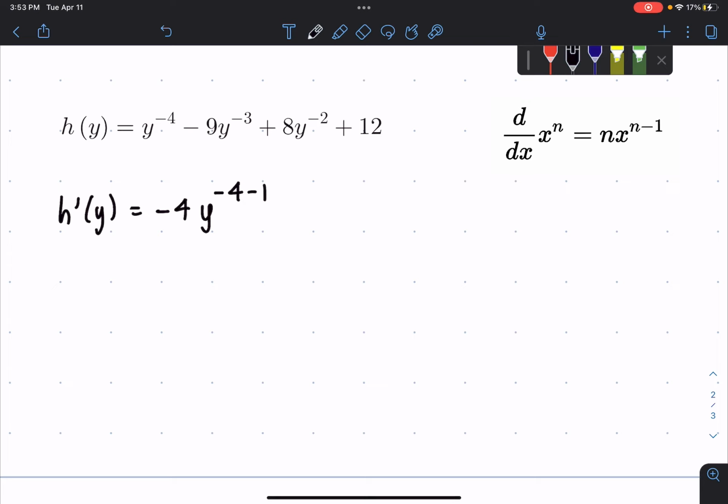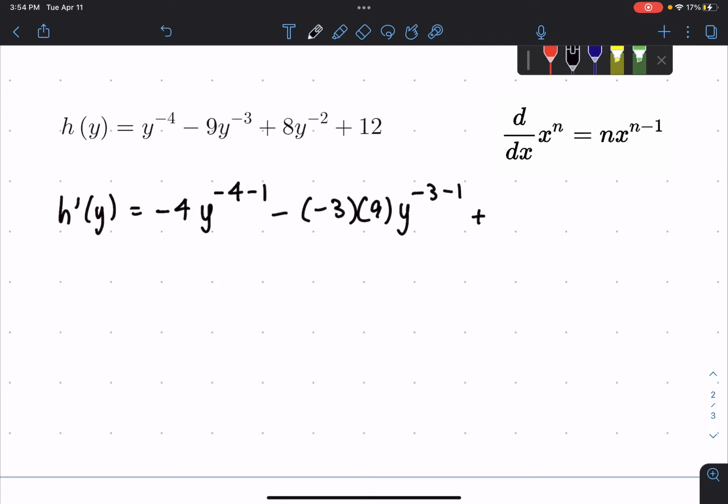We still subtract 1 from the exponent. Subtract this by negative 3, we drop down the exponent, times 9 times y to the power of negative 3 minus 1.